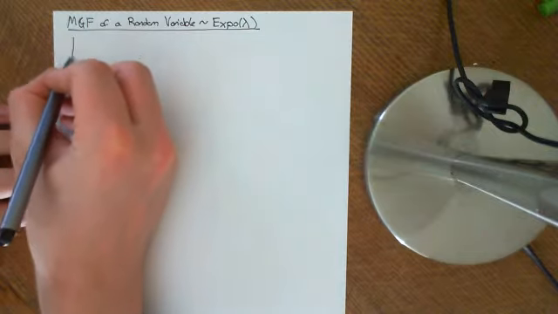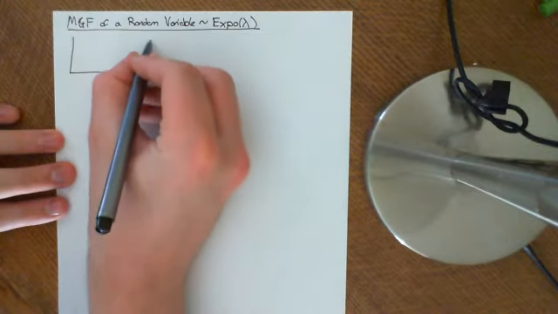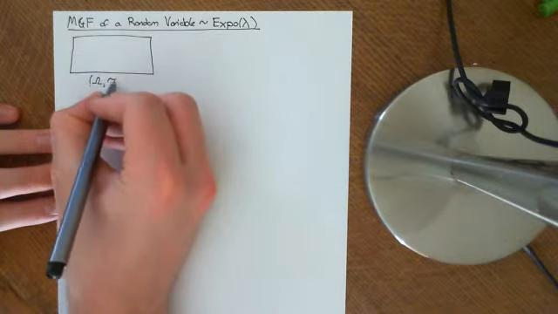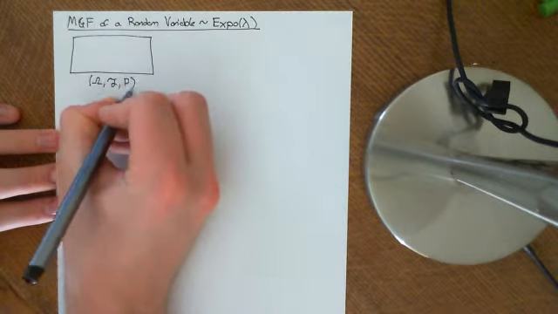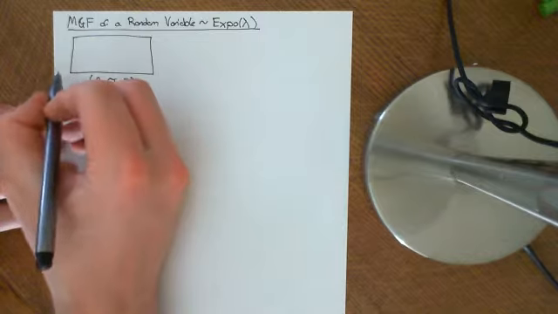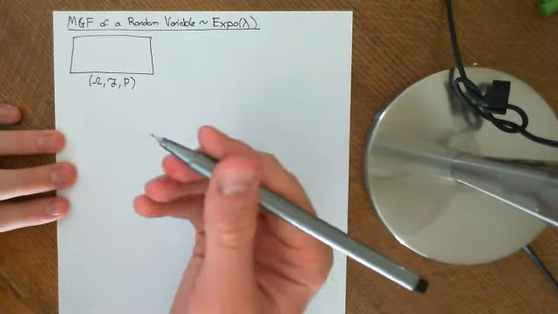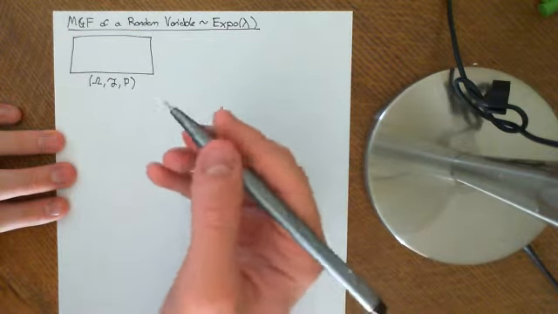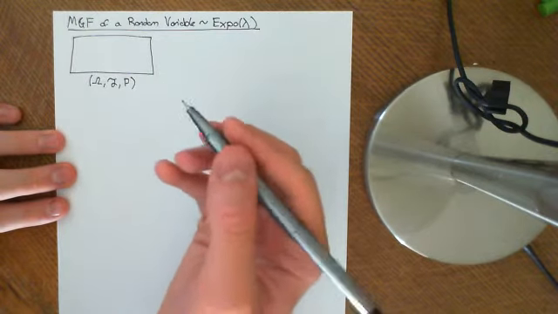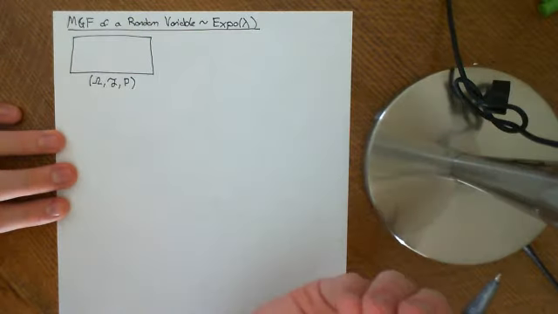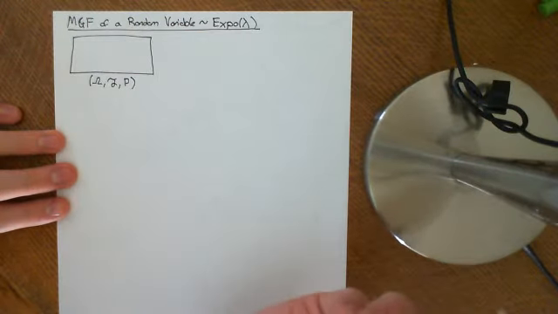We have some abstract probability space here which consists of a sample space of outcomes, a set of events, and a probability measure. The archetypal example of an abstract probability space that we consider to be exponentially distributed is if you are waiting for a phone call and the outcome of the experiment is the time at which the phone call occurs.